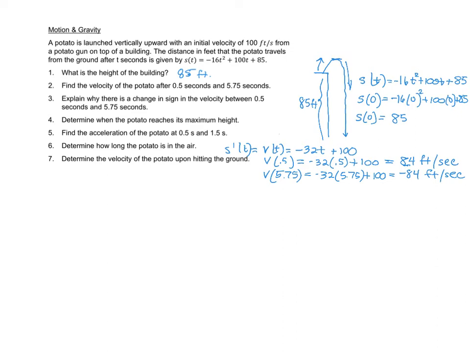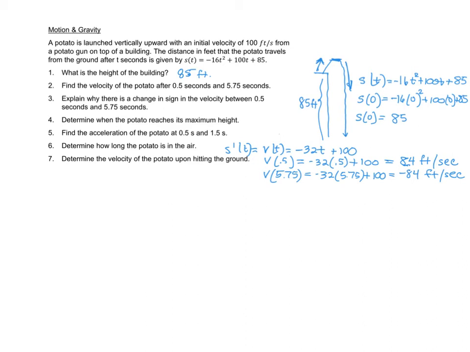If the velocity is positive going up and negative going down, if something goes from positive to negative, what number does it have to go through? It has to go through 0, right? So we want to find when the velocity is 0, because that'll tell us when it goes from positive to negative.